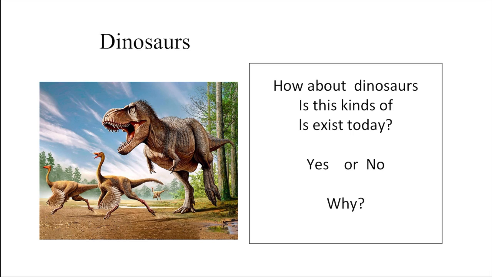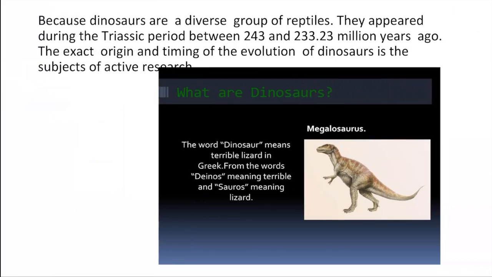Okay, now how about dinosaurs? Is a dinosaur a kind of animal that exists today? Yes or no? And why? A dinosaur does not exist today because, according to the study, dinosaurs are a diverse group of animals, or reptiles.